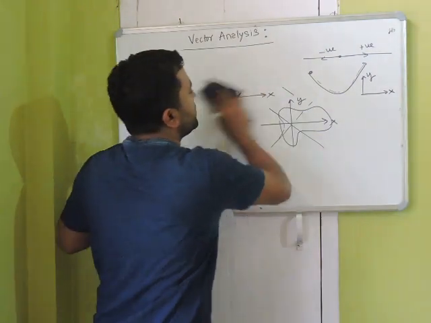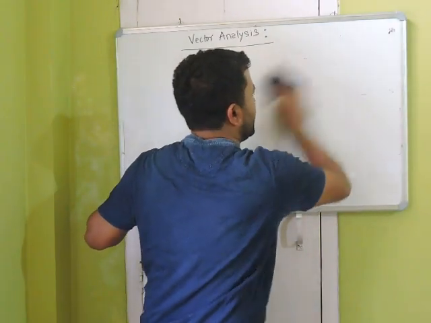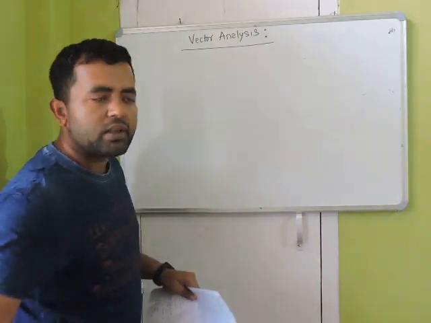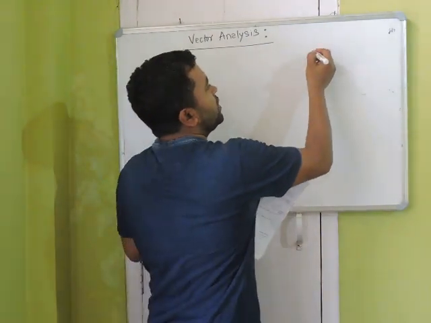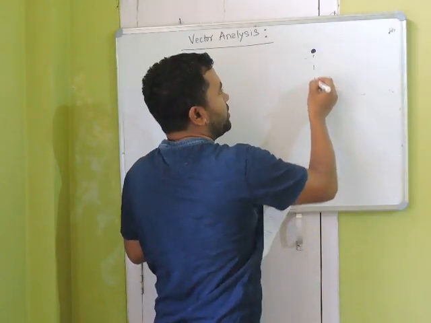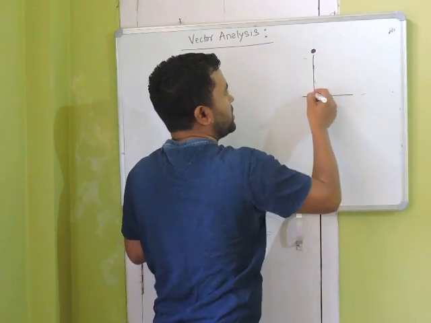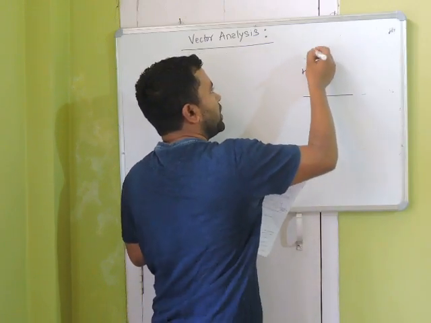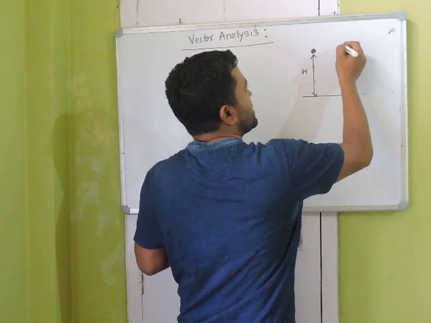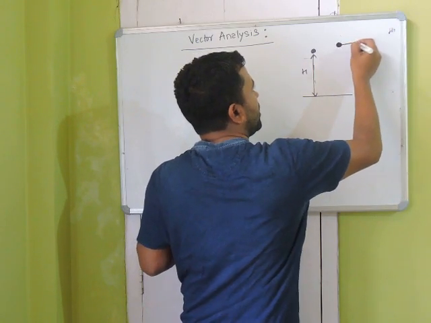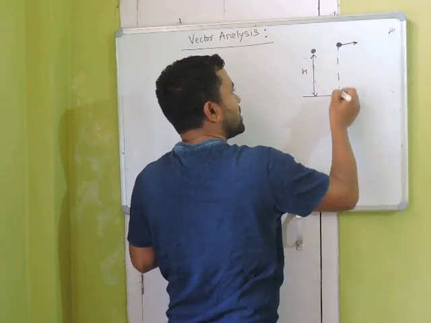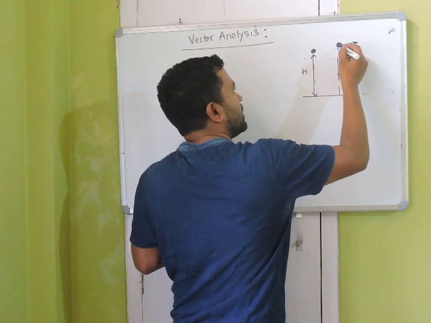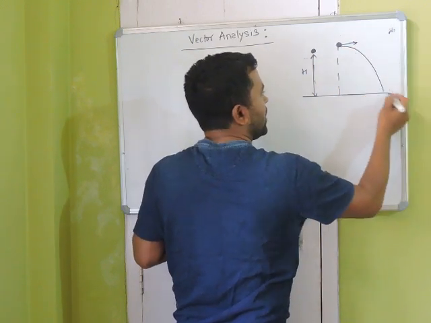One example will be like, suppose you drop a ball from a height h, okay, and at the same time someone throws a ball in this direction from the same height, and you know that it will take a parabolic path.